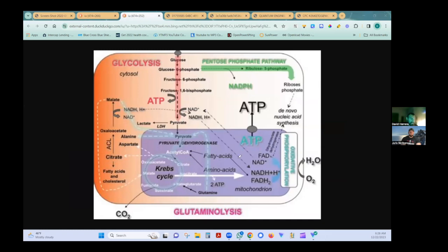burning. So right here, you will notice that in glycolysis, NAD collects an H from the glucose molecules and turns into NADH. So NAD turns into NADH from glucose coming into the bloodstream. Then over here is fatty acids, okay?